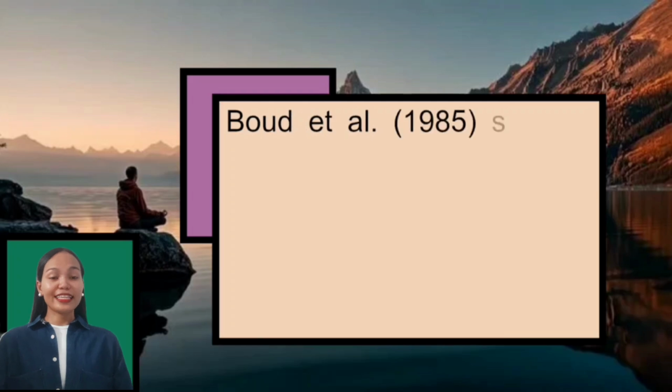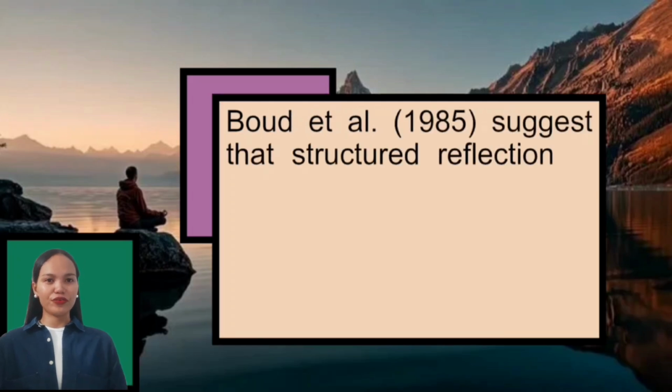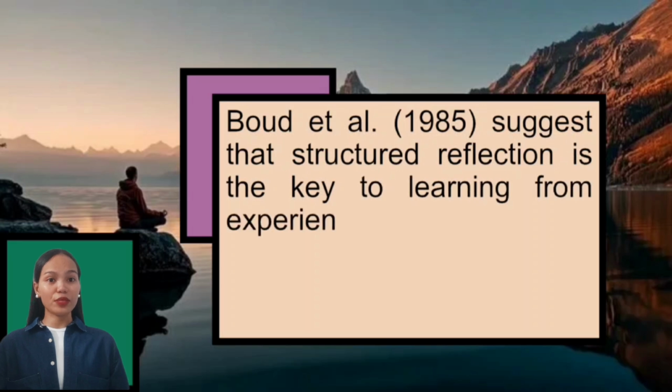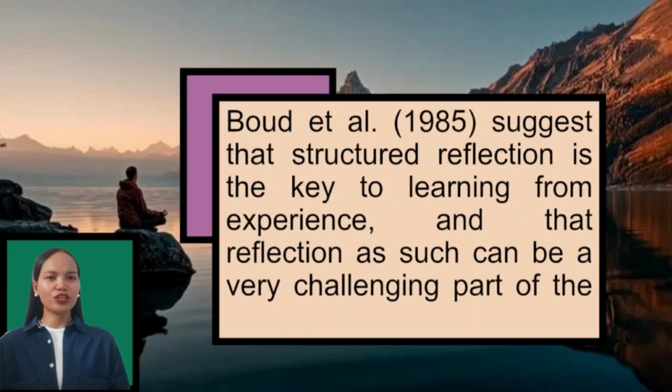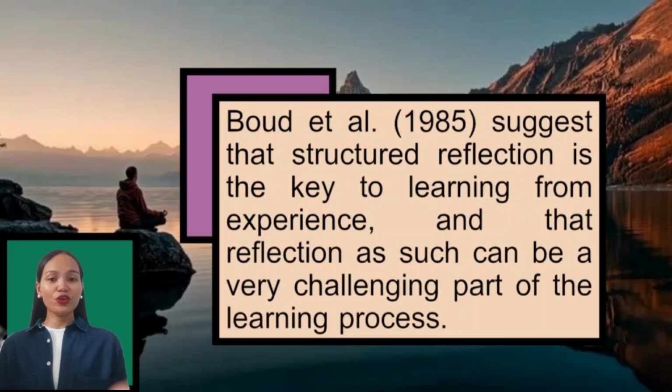Booth and others, 1985, suggest that structured reflection is the key to learning from experience, and that reflection as such can be a very challenging part of the learning process. If you remember what I've said earlier, reflective learning follows a certain process. And it is a very challenging part of the learning process because we have diverse students in the classroom, and these students have different learning styles.